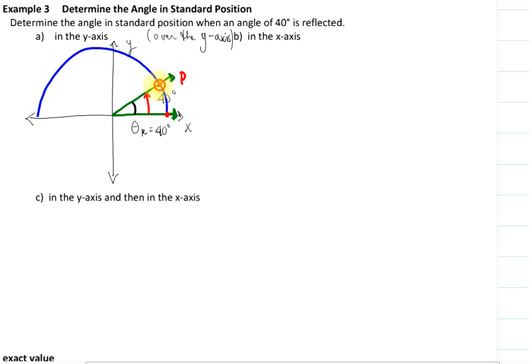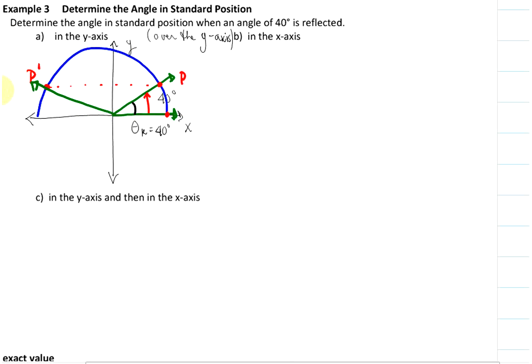One way to do that is to draw a line parallel to the x-axis, and where it intersects the semicircle will be our reflected point. Okay? And draw a terminal arm through there.